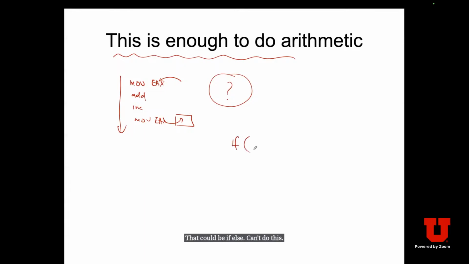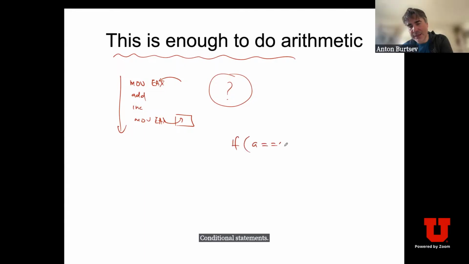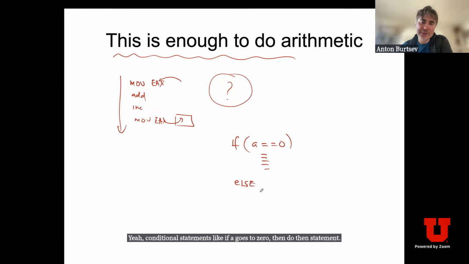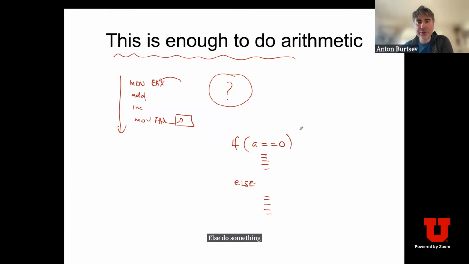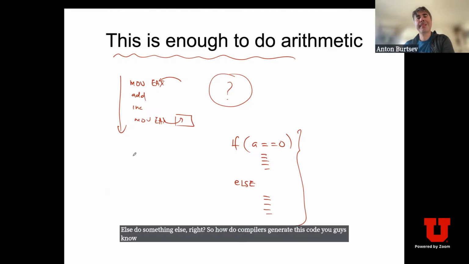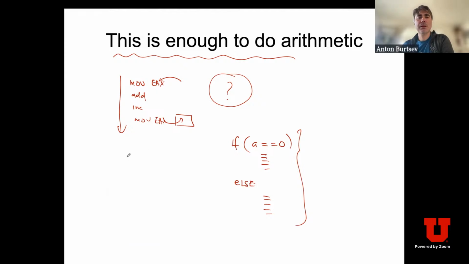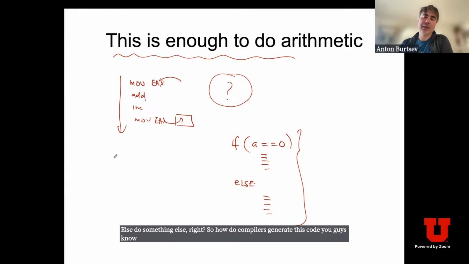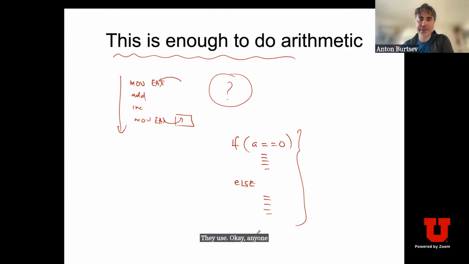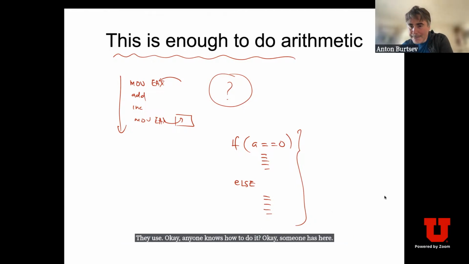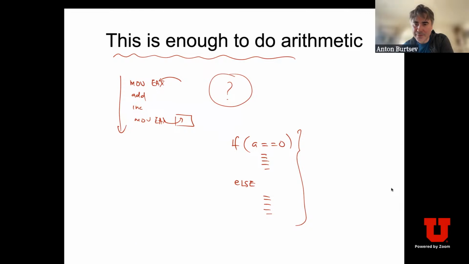Conditional statements. Yeah, conditional statements like if a equals 0, then do the then statement, else do something else, right? So how do compilers generate this code? Do you guys know? Anyone knows how to do it? Jump instructions, correct.